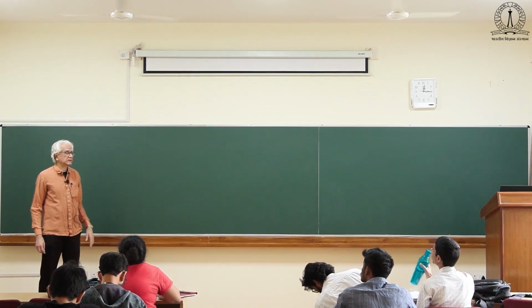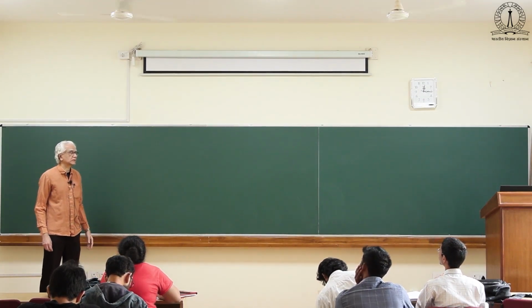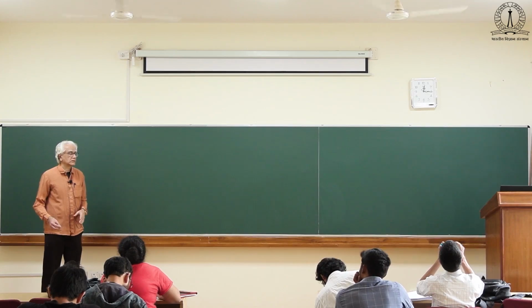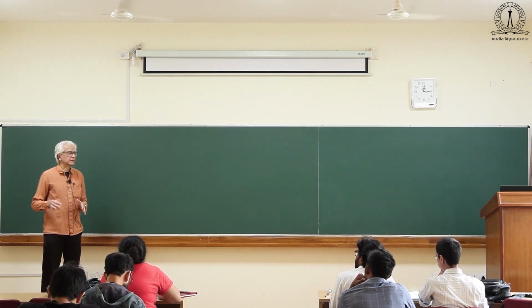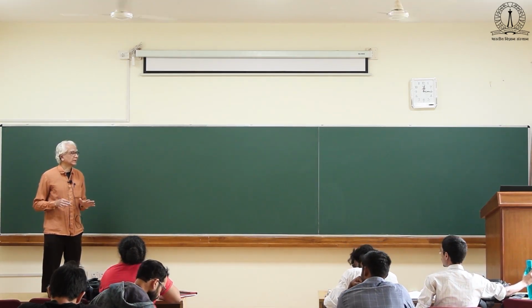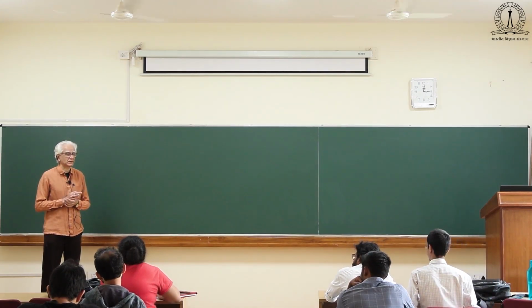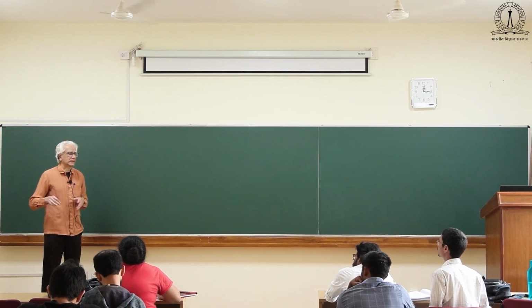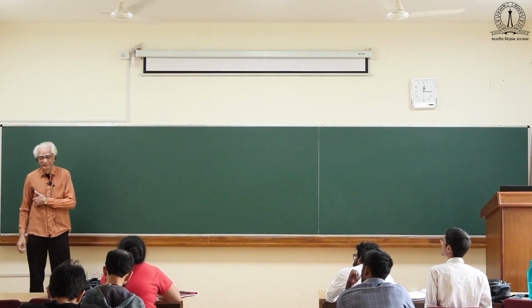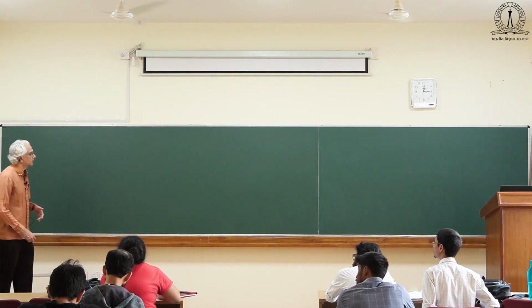So in the previous several lectures, I talked about some simple or rather original quantum algorithms, basically Grover's algorithm and Shor's algorithm, and all its connections and variations to various other kinds of things.